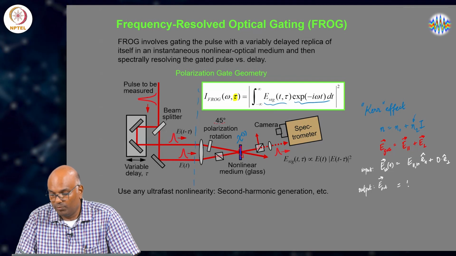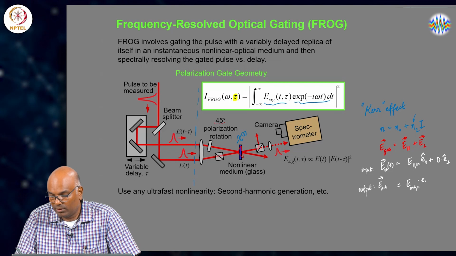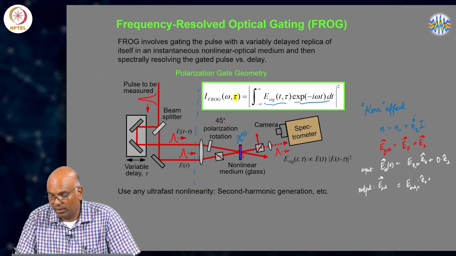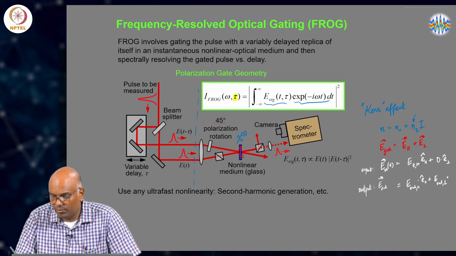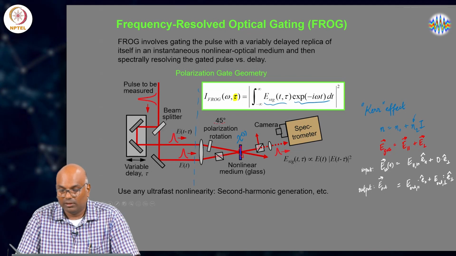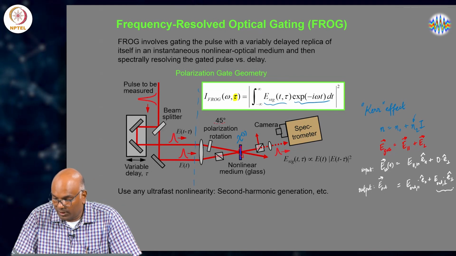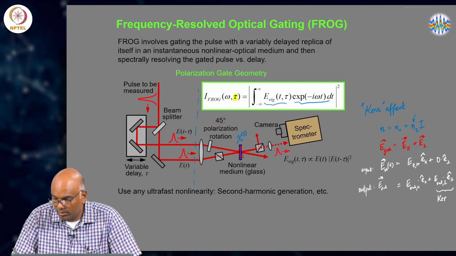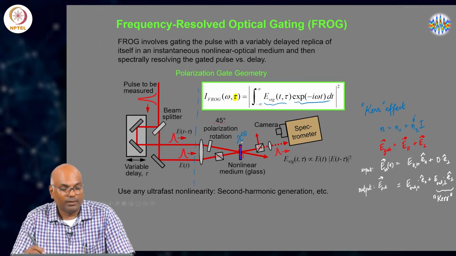Here in the output we have E out parallel, E parallel hat, and E out perpendicular, E perpendicular hat. Where did this part come from? This was due to the Kerr rotation induced by the gating pulse.